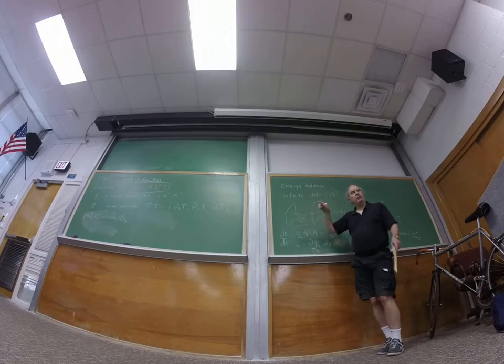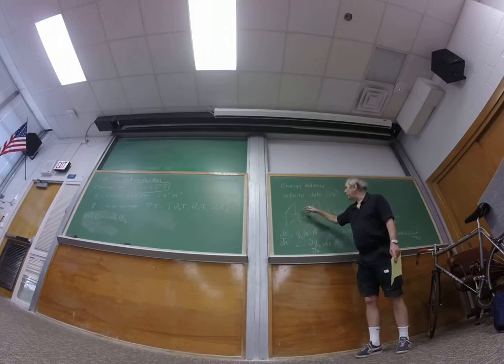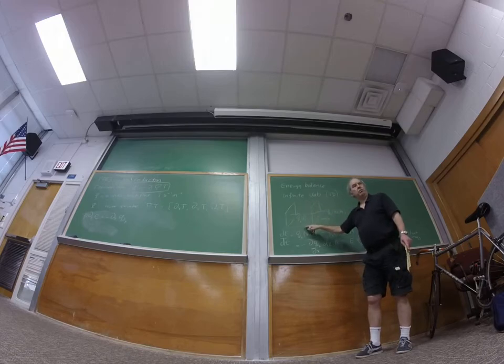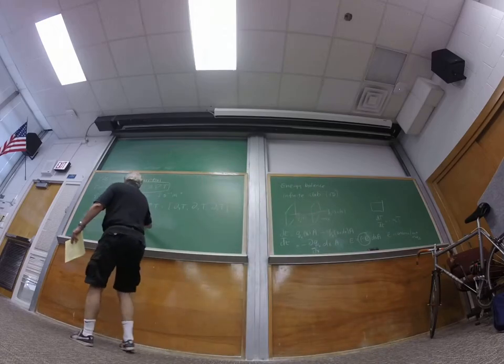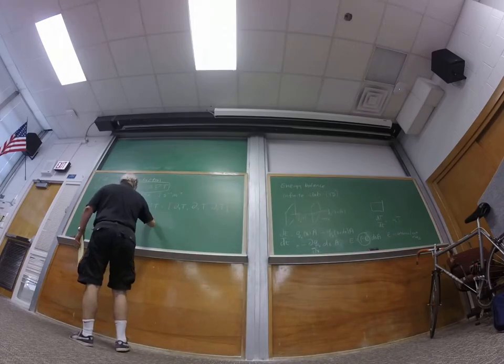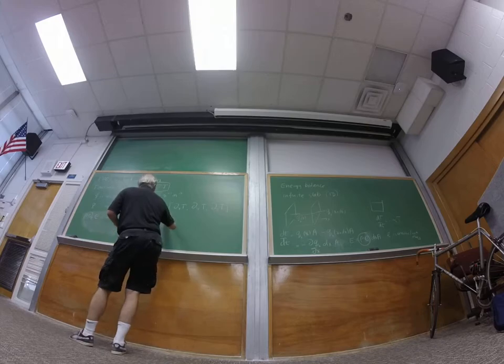Now the energy balance for the 3D volume is exactly what we just did, except that for a 3D volume, energy doesn't just come in and out on one pair of surfaces, but on the other two pairs of surfaces as well. So if I want to do this in 3D, then I land up with this.